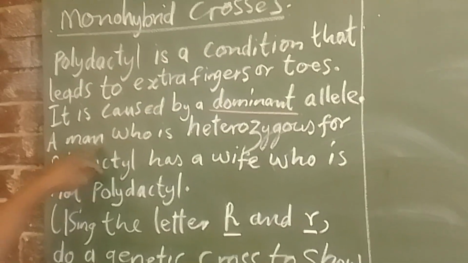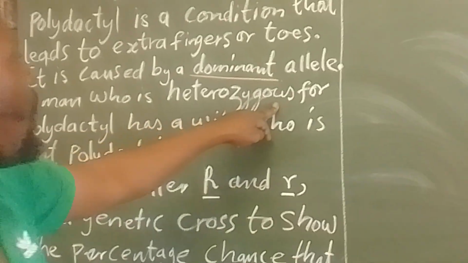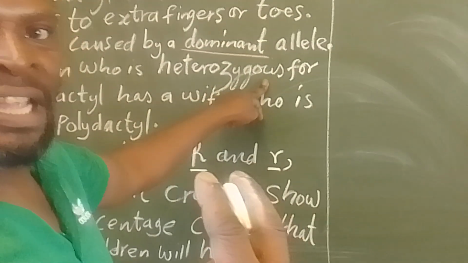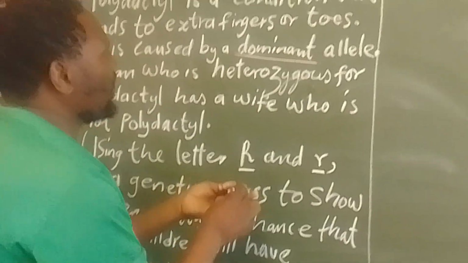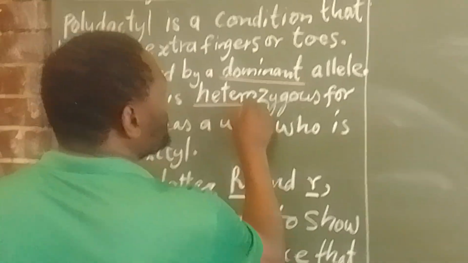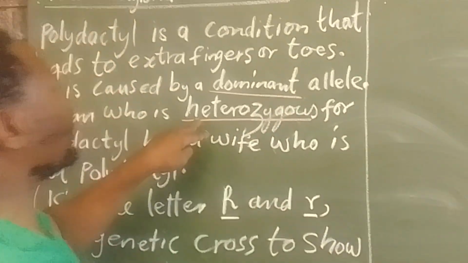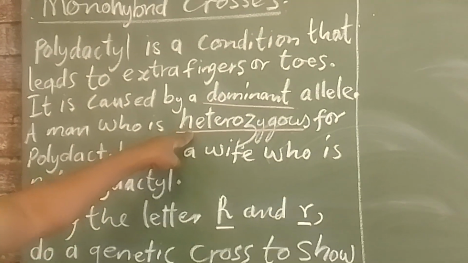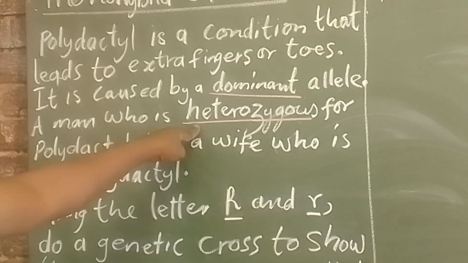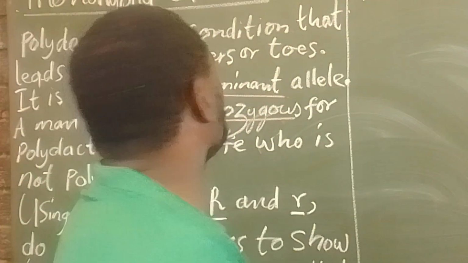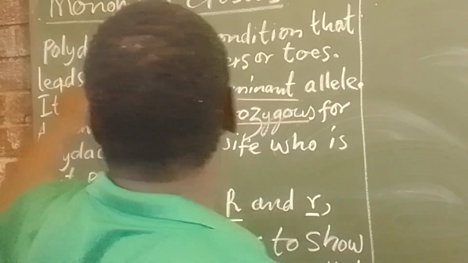A man who is heterozygous. If you can remember very well from the previous videos, we said there are two contrasting alleles. This is heterozygous. So now, the dominant allele is for polydactyly.